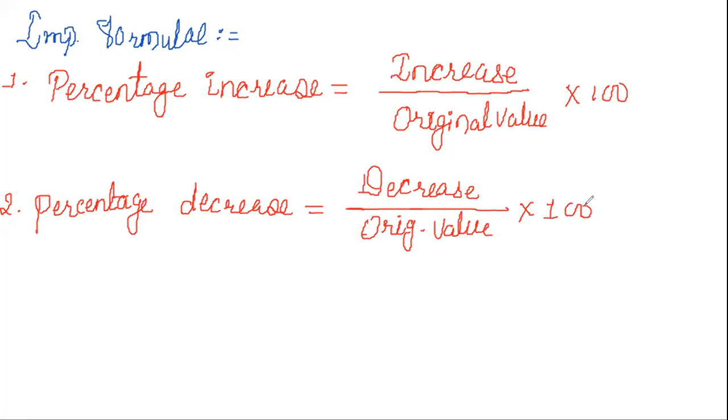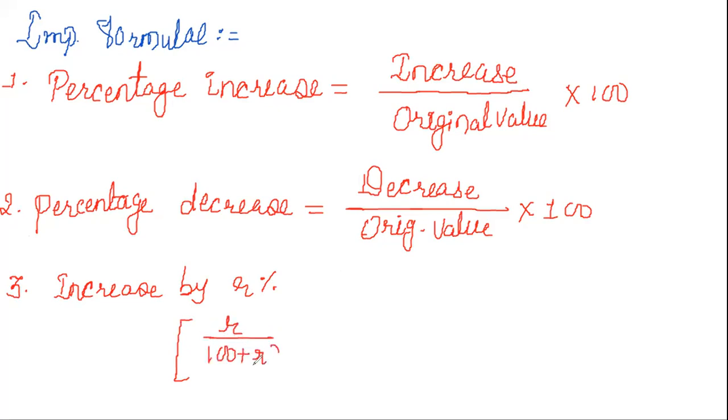Then next, if the price of a commodity increased by R%, then the reduction in consumption, so as not to increase the expenditure, can be calculated with the formula R divided by 100 plus R into 100%.